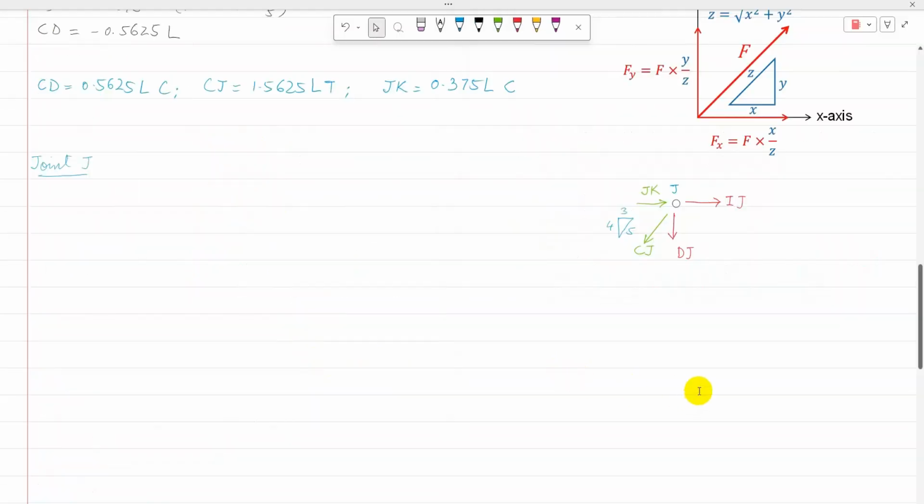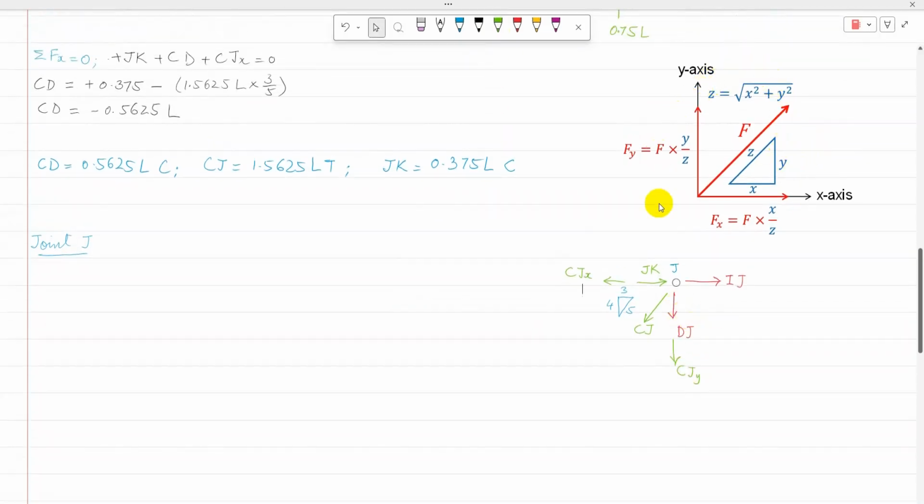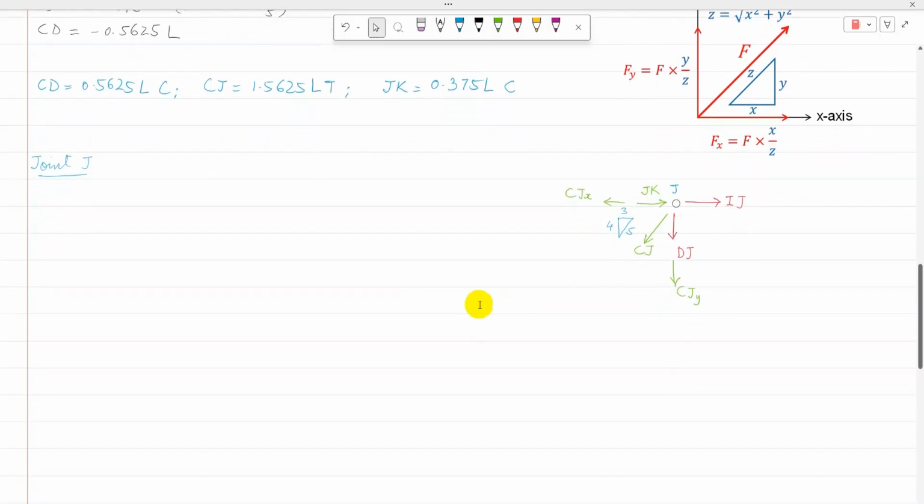So I have isolated joint J, with IJ and DJ as two unknowns, and JK and CJ known. CJ can be resolved into its components, CJY and CJX, using the same rule as before. IJ is not required, and for DJ, because it is in the vertical direction, there is only one unknown in the vertical direction, so I can apply sigma Fy equal to 0 to find DJ.